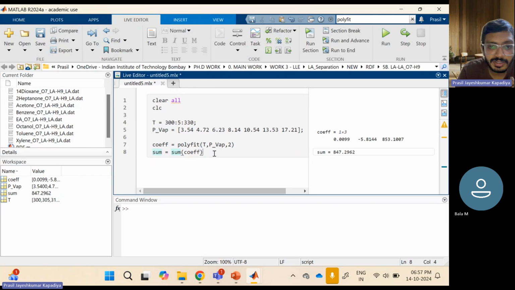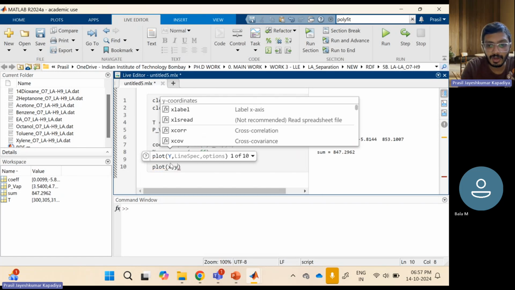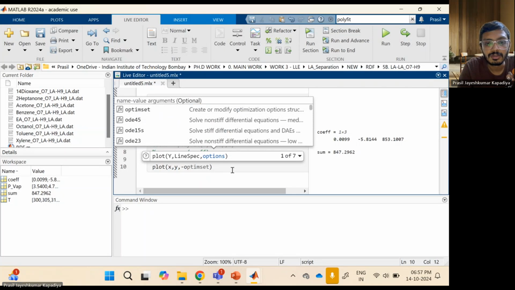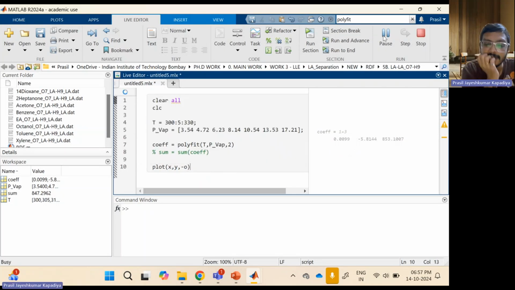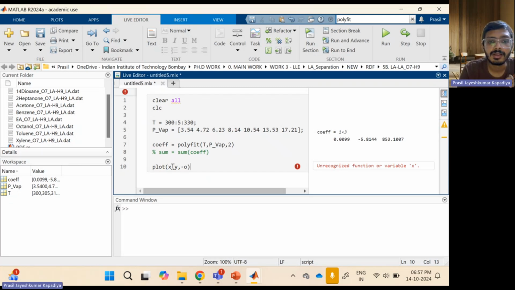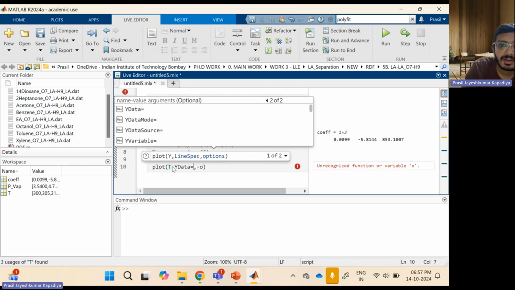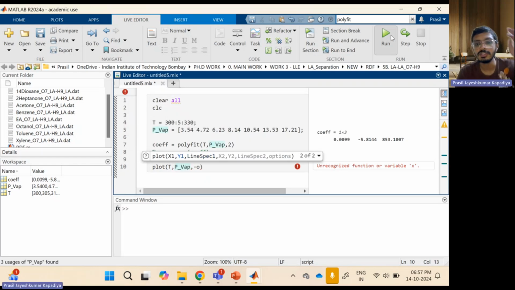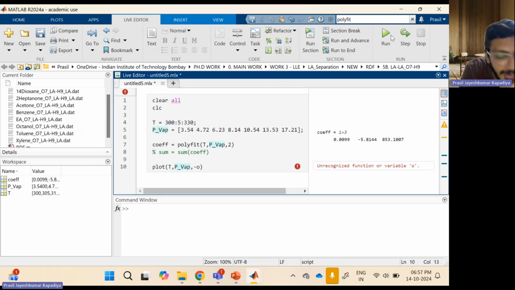Okay, right now I'm not interested in this summation part, but let's try to plot x comma y, and I want them to plot as dots. Okay, let's plot it and see what we are getting. Okay, sorry, x is my temperature and y is my P underscore vapor. Okay, so this is what we are getting.